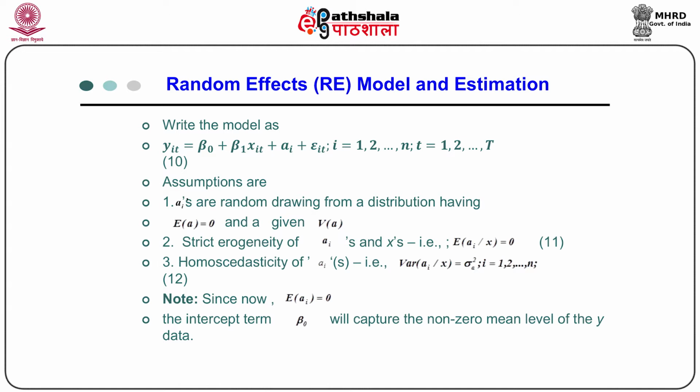Strict exogeneity of the x's is assumed, that is, expectation of a_i given x's is equal to 0, and homoscedasticity of a_i, that is, variance of a_i given x's is sigma a square for all i running from 1 up to n. Also note that since expectation of a_i is equal to 0, the intercept term beta naught will capture the non-zero mean level of the y data.